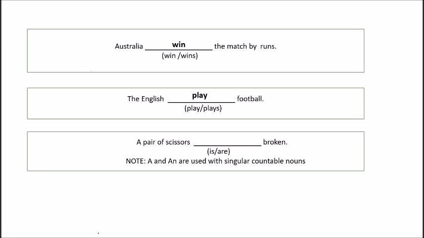A pair of scissors dash broken. Here we see two terms, a pair and scissors. Actually, there are few words which are always written in plural form, such as scissors, goggles, pants, trousers, shorts, binoculars.